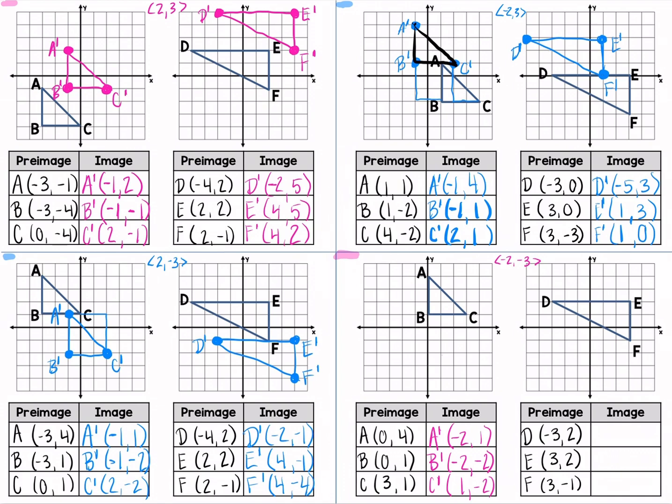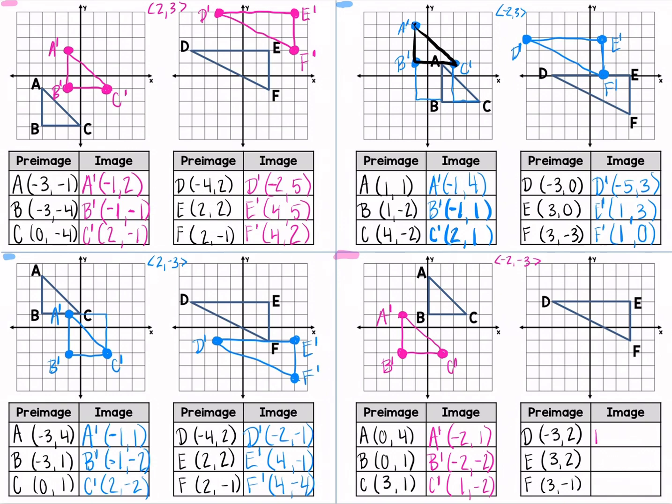So 1, -2 is C. -2, -2 is B. And A is -2, 1. And you can always check yourself by making sure this was a shift to the left and down. And yes, it was. I shifted to the left and down. Okay, so you can always check yourself.